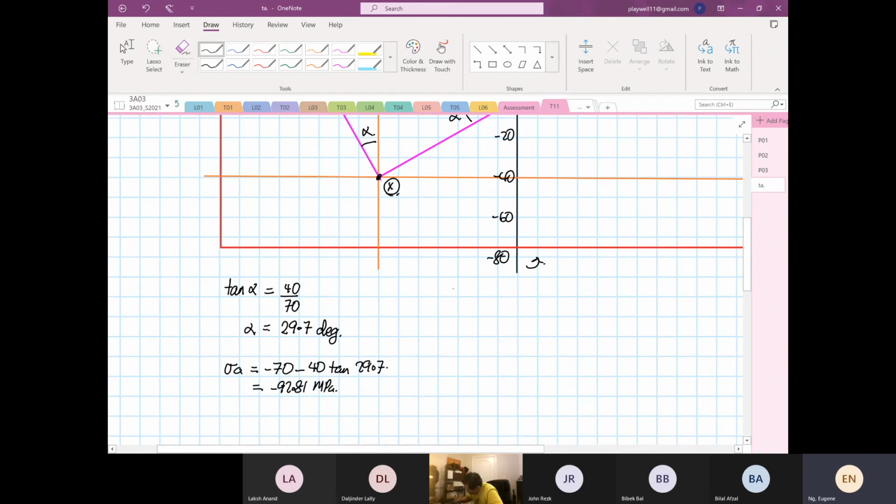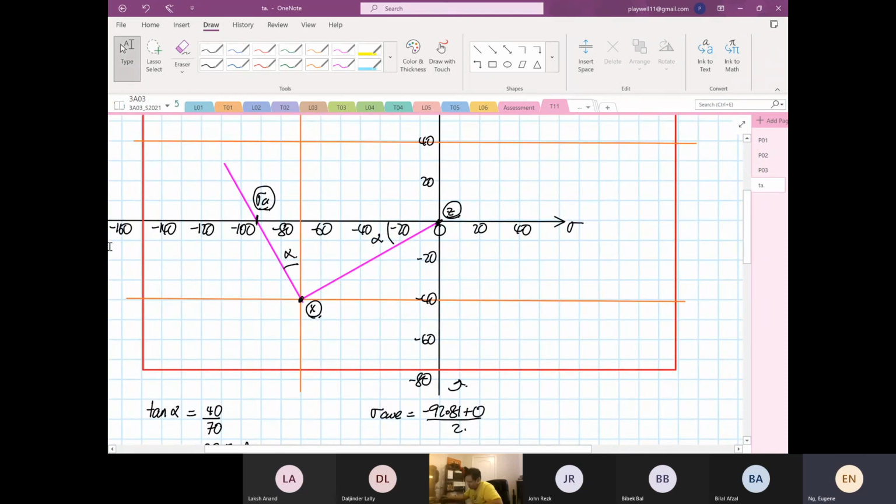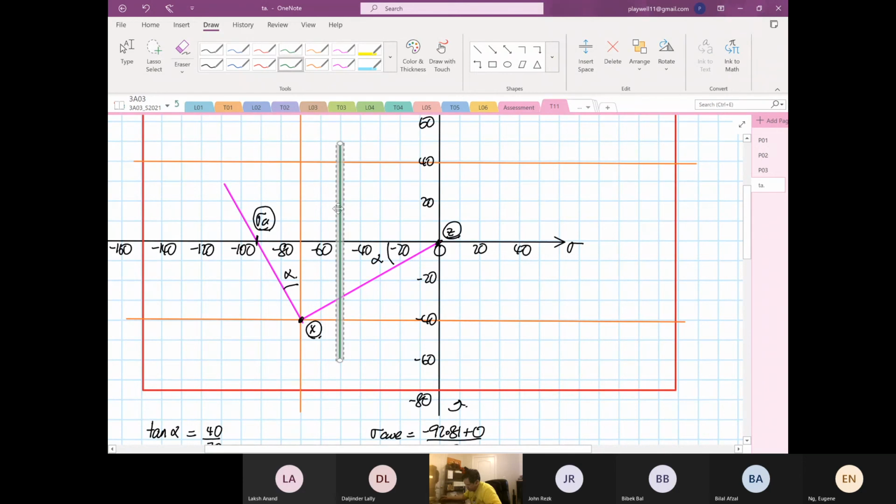So we can find our stress average, which is minus 92.81 plus 0 divided by 2, so it's equal to minus 46.405. I'm just going to eyeball these. So it's somewhere around here.